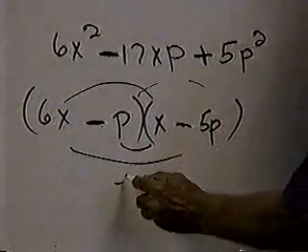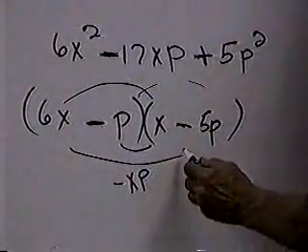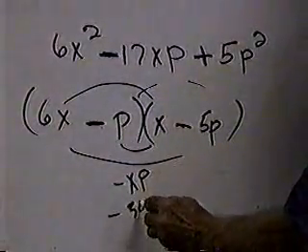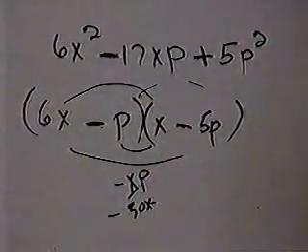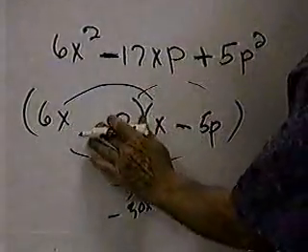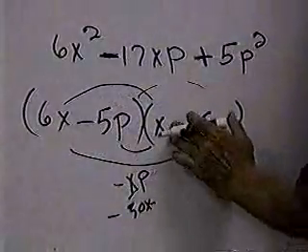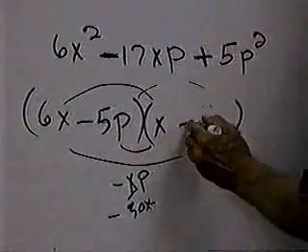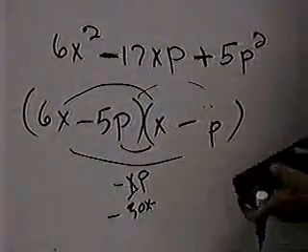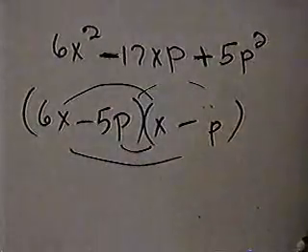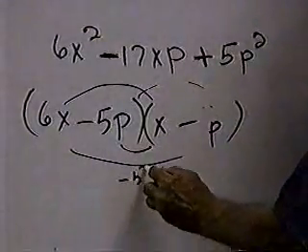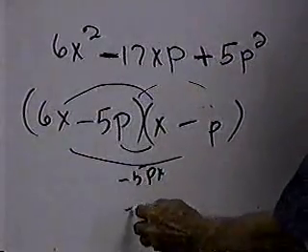That's a minus xp and a minus 30. That doesn't work. So let's move the 5 over here. All right, so that would be 5px and 6.